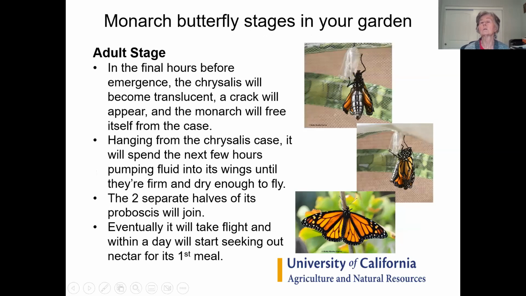And finally, the adult stage. In the final hours before it emerges, the chrysalis will become translucent. A crack will appear and the monarch will emerge. And you can see its wings are very shriveled. Its abdomen is swollen. Hanging from the chrysalis case, it will spend the next few hours pumping the fluid into its wings from its abdomen. And it actually looks like blood, that red color of blood.